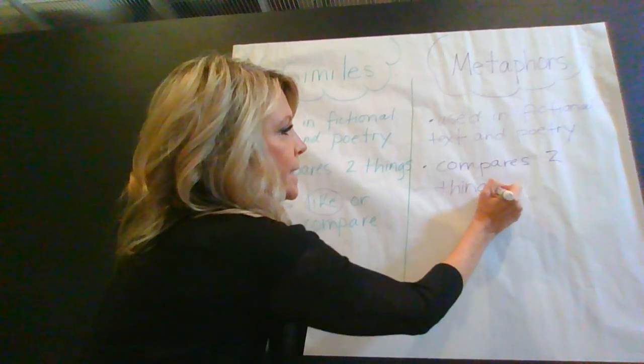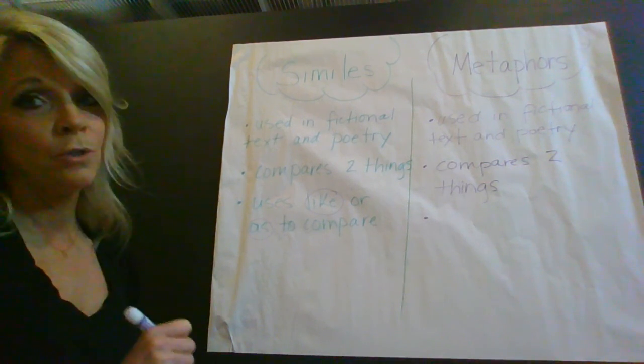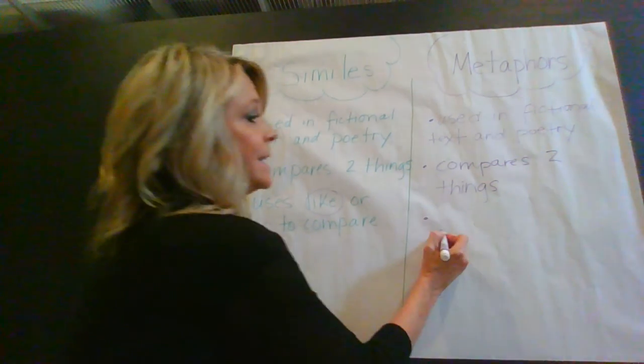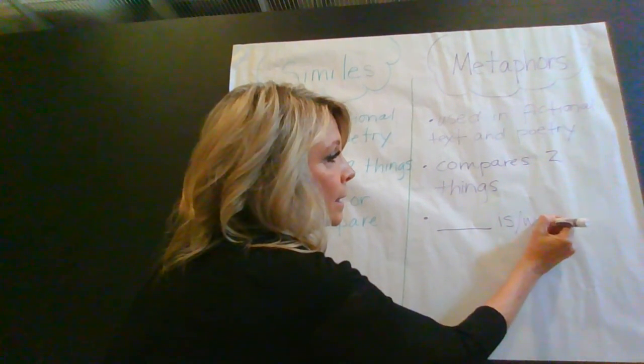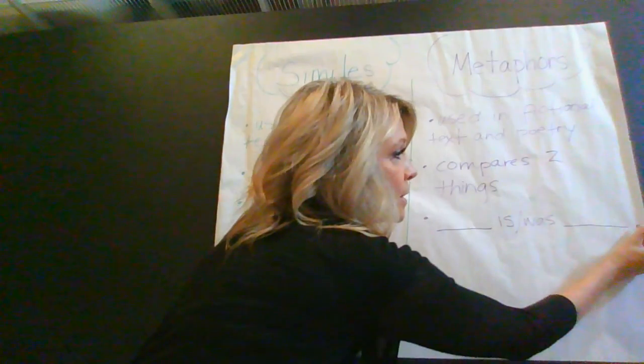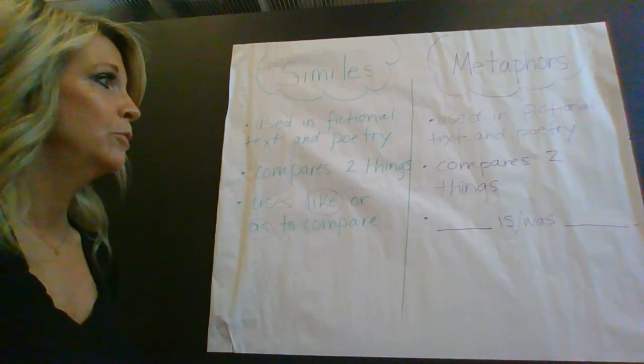Now the biggest difference between the metaphor and the simile is that when it compares, it doesn't use like or as. It just says that something is or was something else. So it actually just says that something is something else, but it's comparing those two items.